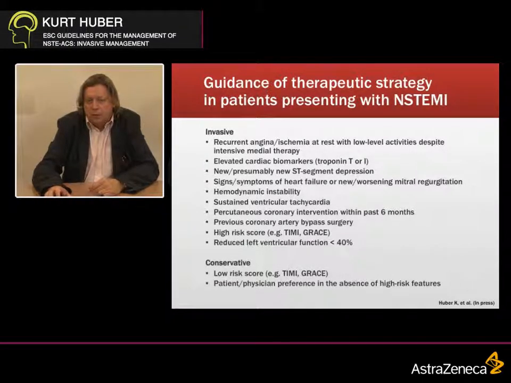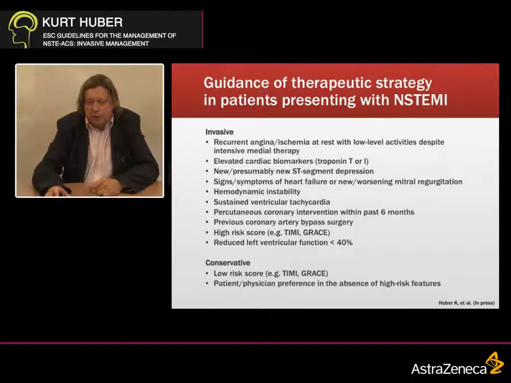What about the need for an invasive strategy? This is for patients with recurrent angina or ischemia at rest or with low-level activities despite intensive medical therapy. Patients with elevated cardiac biomarkers, troponin T or I. New or presumably new ST segment depressions.